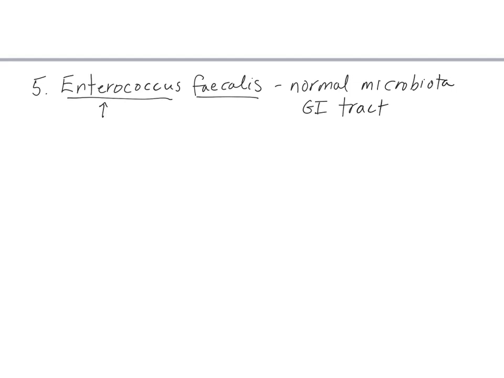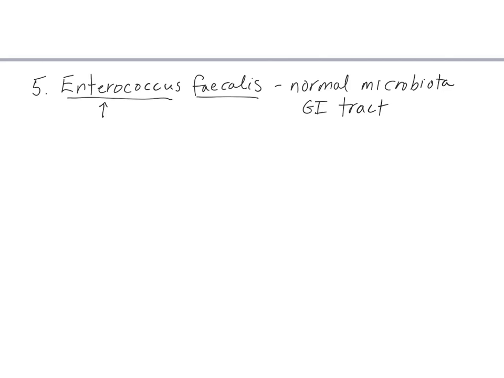Okay, so this organism typically is not going to cause a problem when it's in your large intestine. If a patient gets a perforated bowel or, say, is stabbed and that organism leaks out where it doesn't belong, then yes, it's going to cause some huge problems.